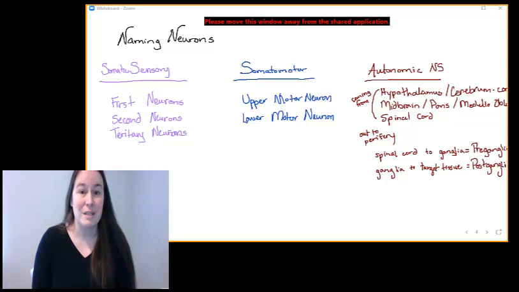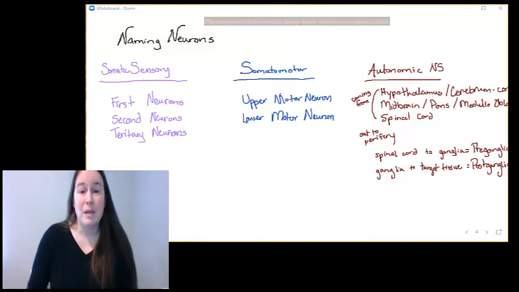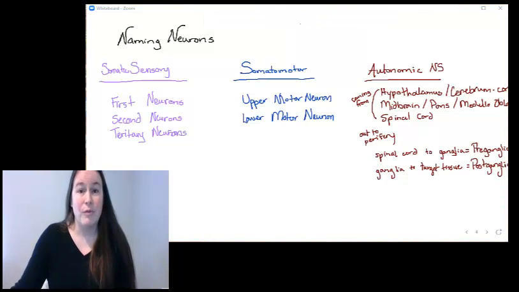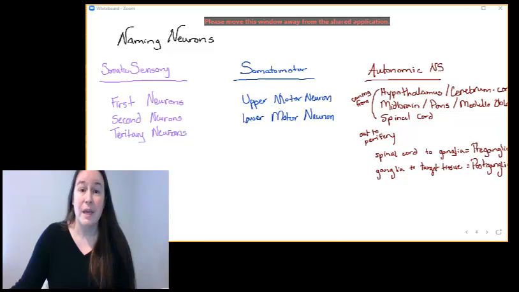Those neurons in sequence are going to include a neuron from the spinal cord to a ganglia, an important piece of anatomy in the autonomic nervous system, and from the ganglia to the effector tissue. Therefore, the name is preganglionic for the neuron between the spinal cord and the ganglia, and postganglionic neuron from the ganglia to the effector tissue.